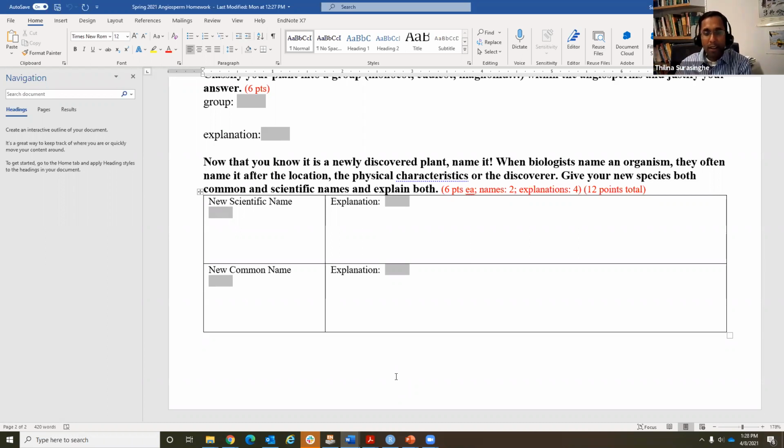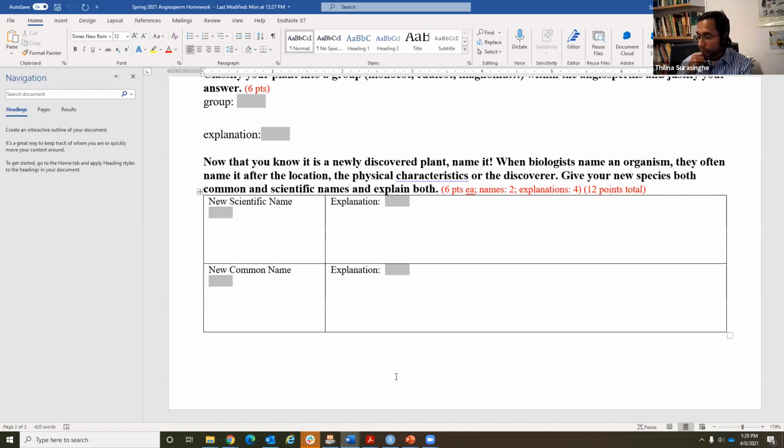Person's name, right? Let's say you want to name it after, I don't know, your mentors, right? I actually have named a species after people that I respect in the discipline, right? Or historical characters that belong to that particular location, right?